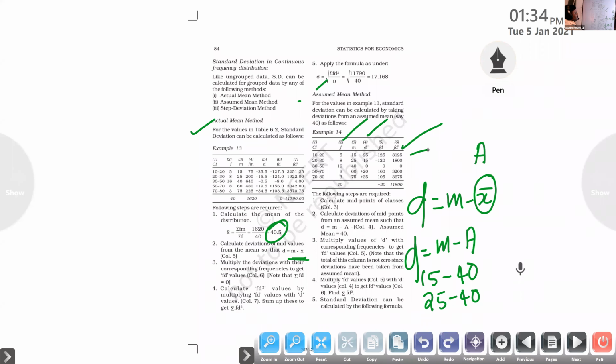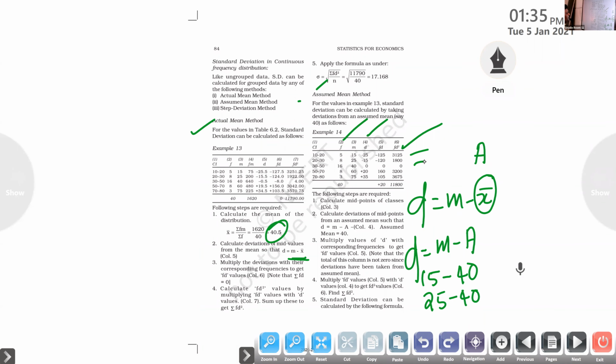Clear? Understanding or not? No difference here. One step we excluded: we don't want to find FM here. No need to find the FM. So that step is excluded.